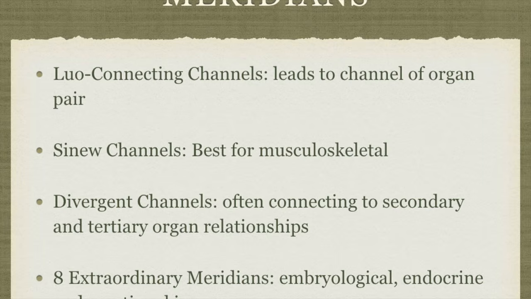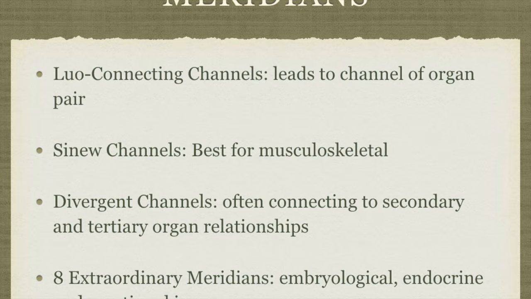But the channels are there, they house the points, but they also each connect into their organs and they connect with each other. So each of the 12 meridians has connecting channels that link it to its paired channel, right? When we were talking about five elements, we discussed how each of the five elements has organ systems attached to it.